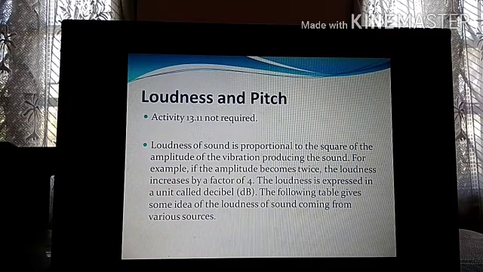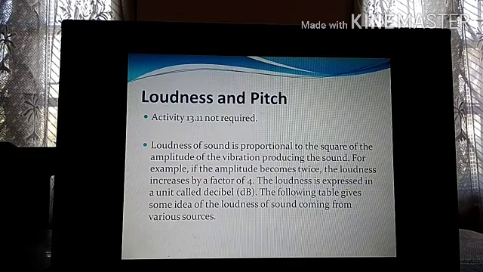Proportional means you can understand it in this way: loudness of sound is equal to the square of the amplitude of vibration producing the sound. So when amplitude is 2, loudness is squared, so it will be 4.